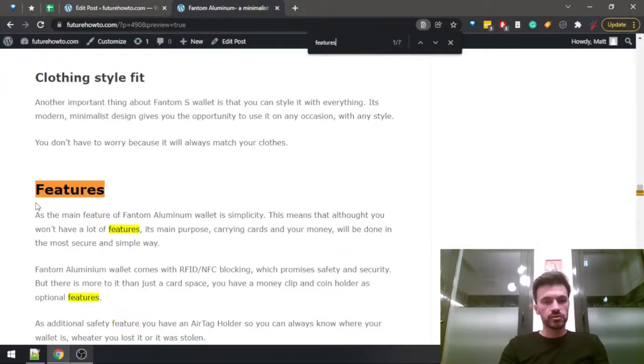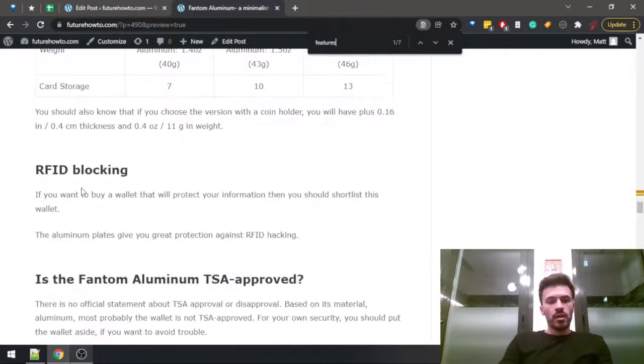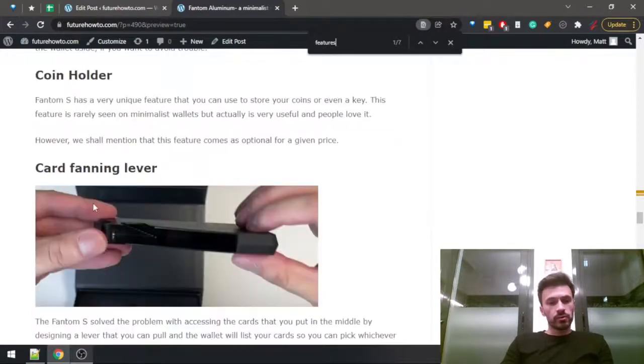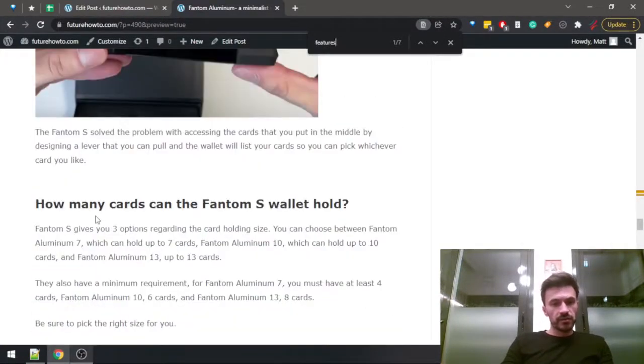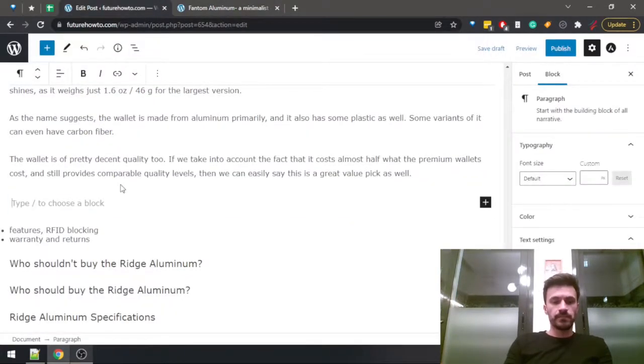Let's see, features. RFID blocking, coin holder, card fanning lever. Okay, good.